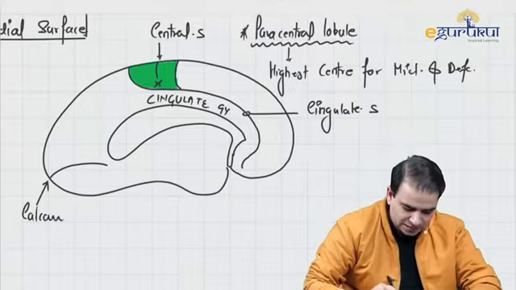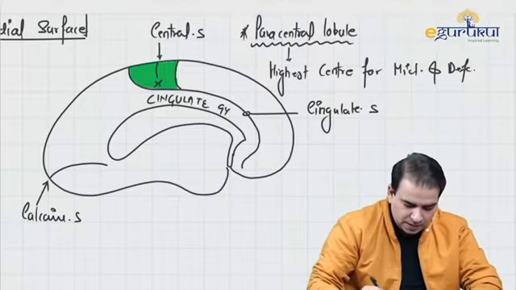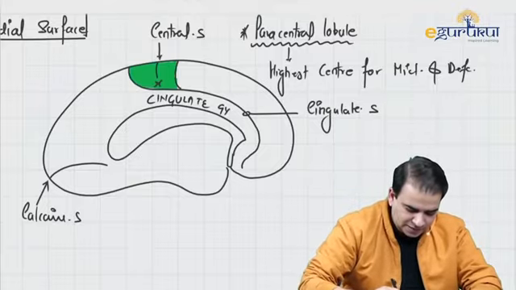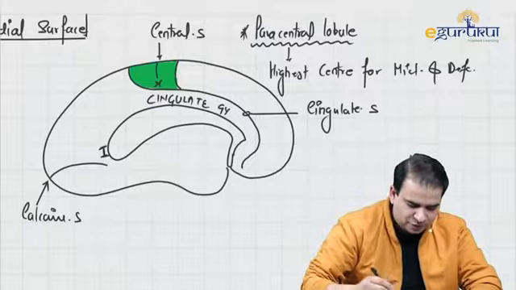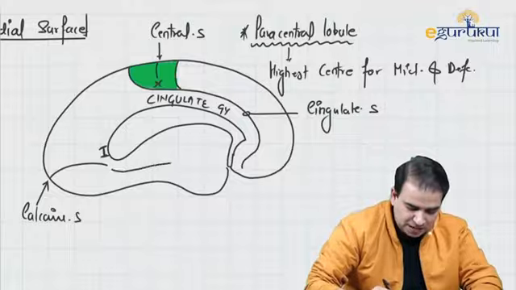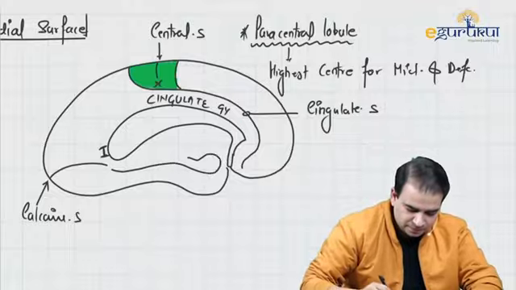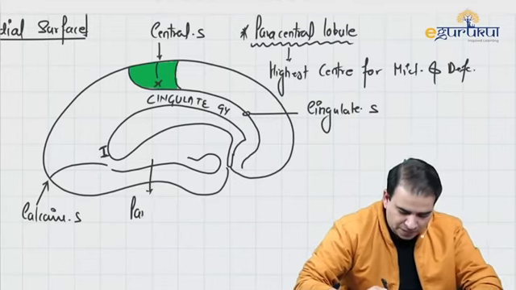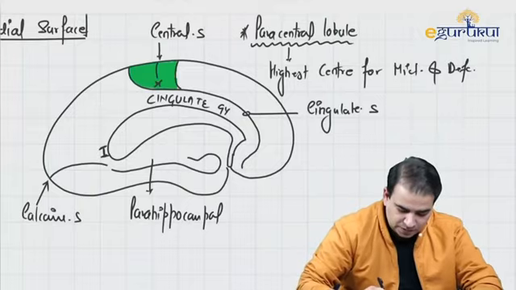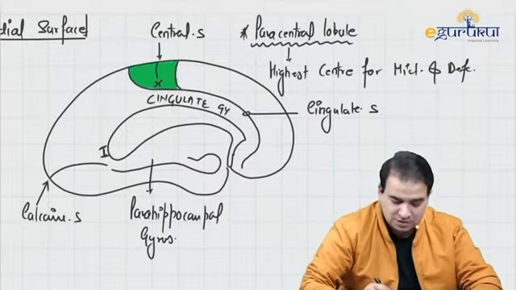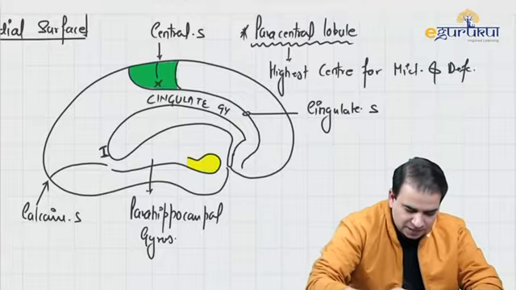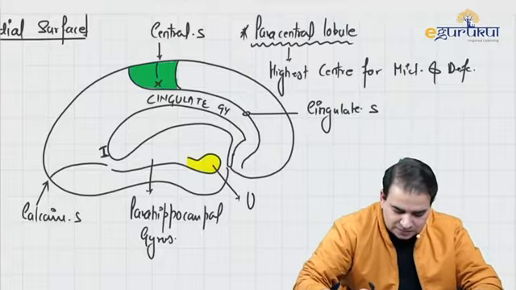Now if you look at the continuation of the cingulate sulcus posteriorly, via this connection that is called the isthmus, I'm just writing I for the isthmus, it is connected to the parahippocampal gyrus here. And this anterior upturned part of the parahippocampal gyrus is nothing but the uncus.